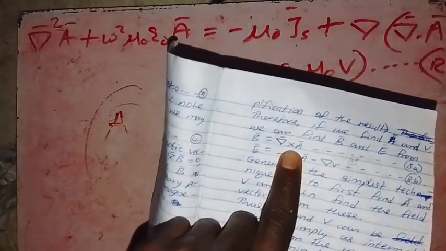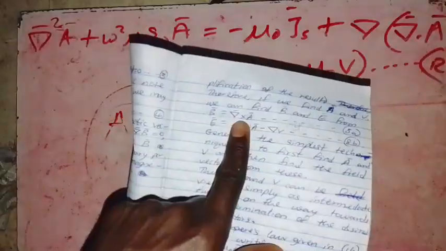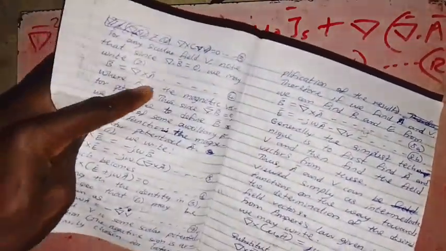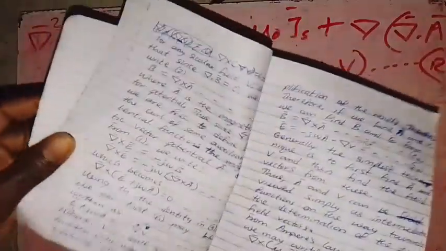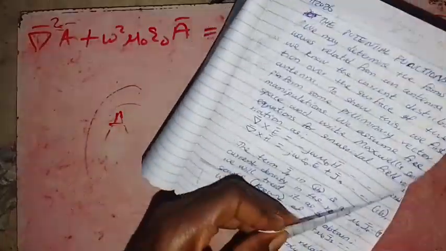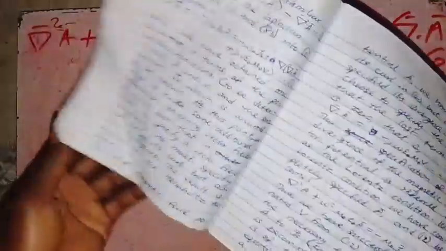The curl of magnetic flux density equals the curl of A, the same as equation 4. But do we have the divergence of A anywhere? No, we don't. I don't want to spend my time looking through it, but I know we've not done anything on the divergence of A.